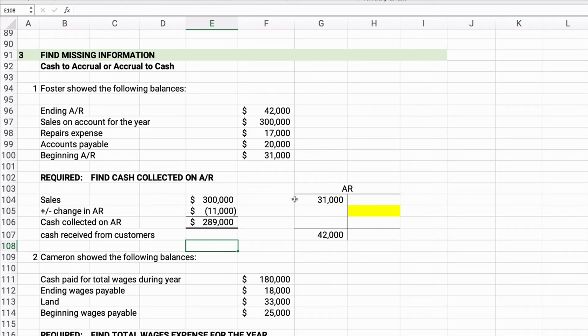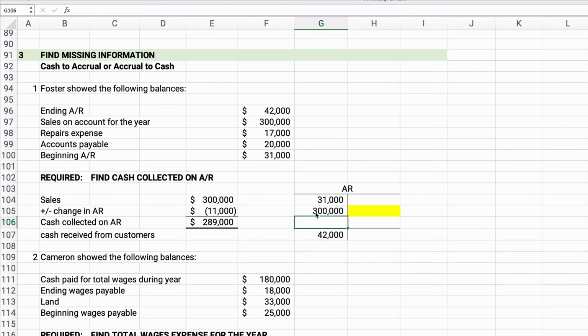Well, we can do this on the T account. We can do it here with this format. That's perfectly fine. Cash collected on accounts receivable or cash received from customers. We can do the same thing with the accounts receivable. You might want to work with the T account. That's fine. Well, what's our sales? Our sales on account, we debited $300,000. Sales on account: debit accounts receivable, credit sales, right?